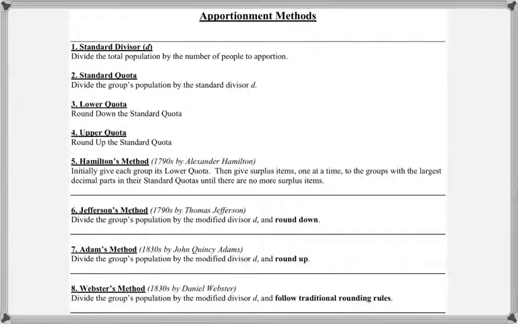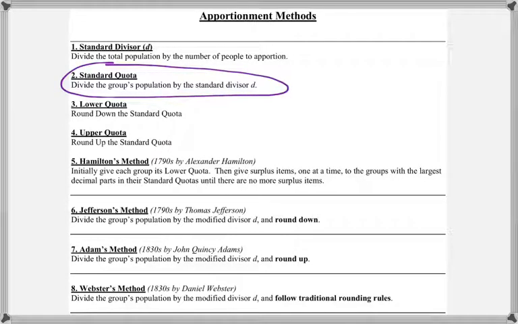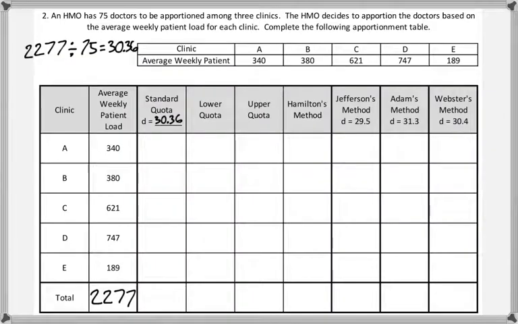Next we are finding the standard quota. So we need to divide the group's population by the standard divisor. So I want to take each of these numbers and divide them by 30.36. And we're going to get quite large decimals, so we're actually going to round them to 3 places.